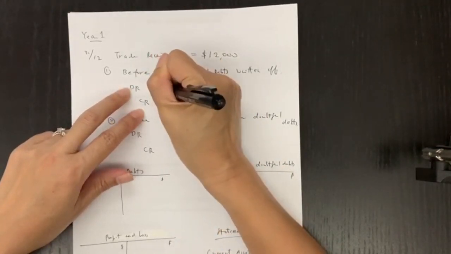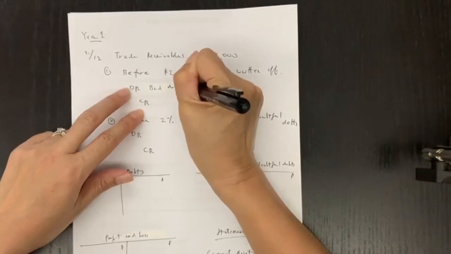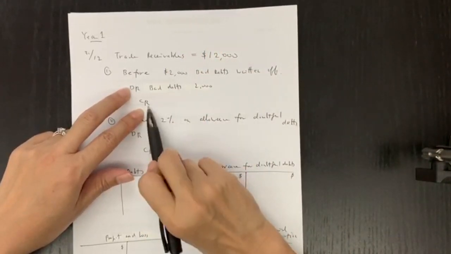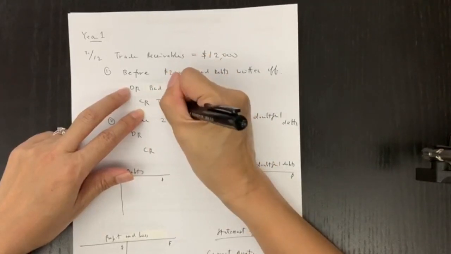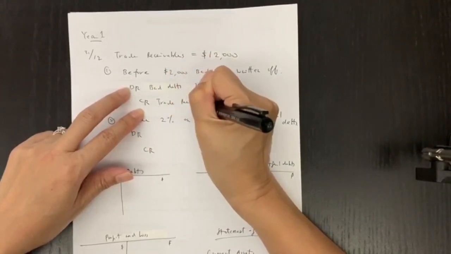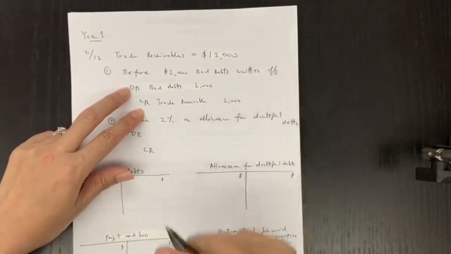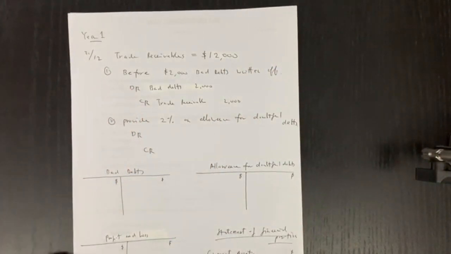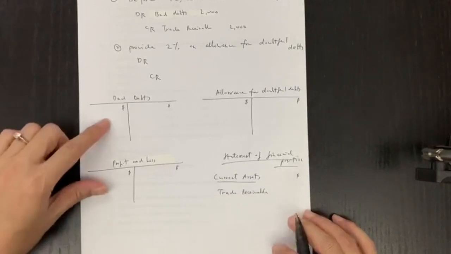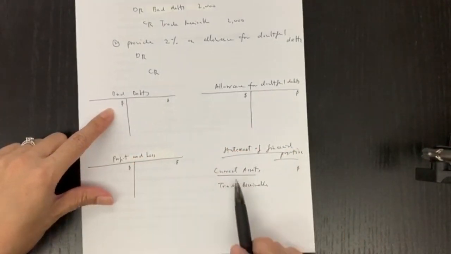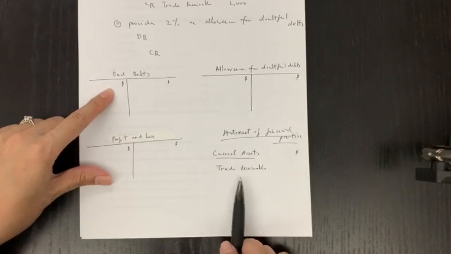We debit bad debts 2,000, and since the debtors will pay us no money, we are going to credit trade receivable also by 2,000. After the double entry, I have this bad debts account and the current assets to show trade receivable.